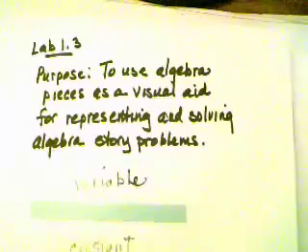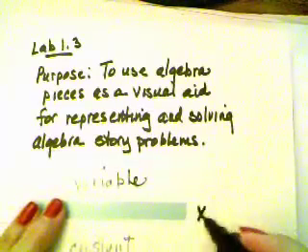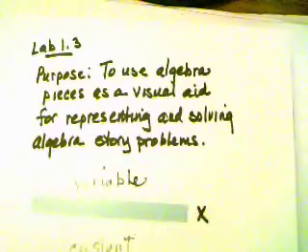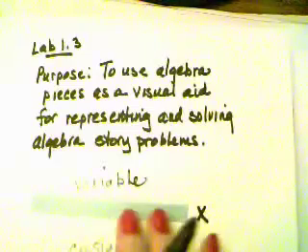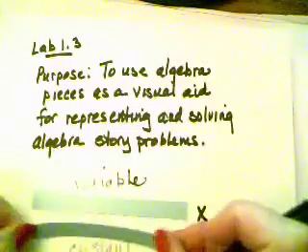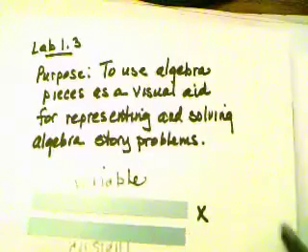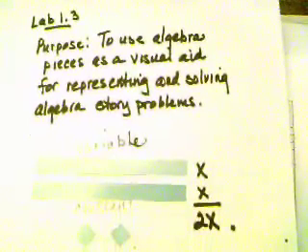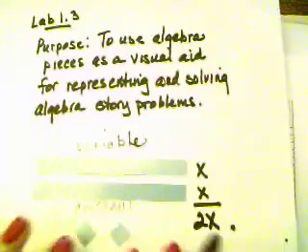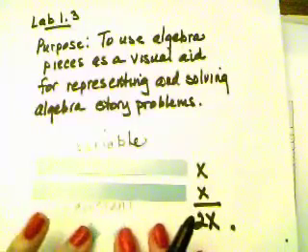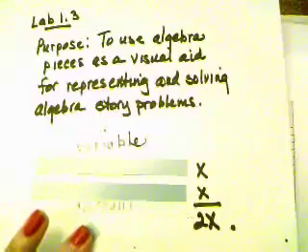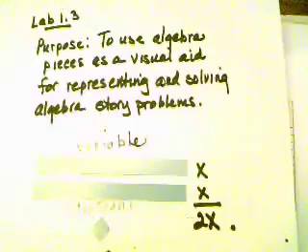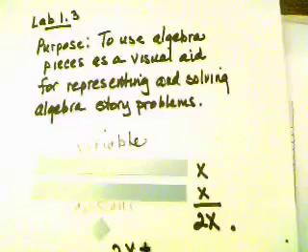So if I let x represent this, and I have two of them, then I have 2x. And if I have a unit added on, then I have 2x plus 1.